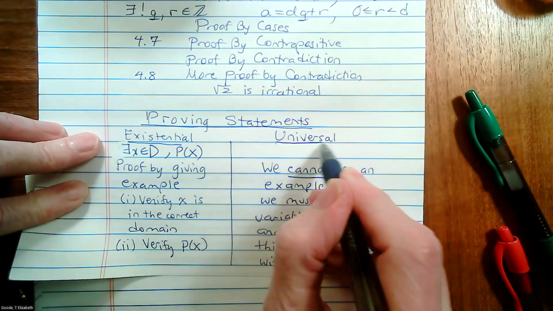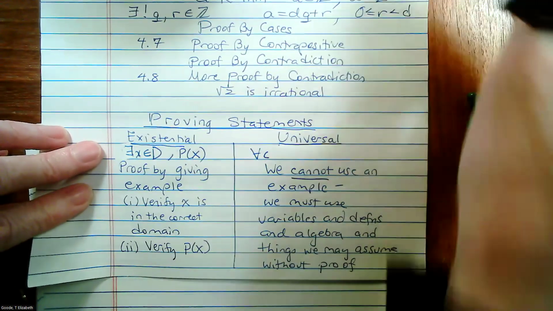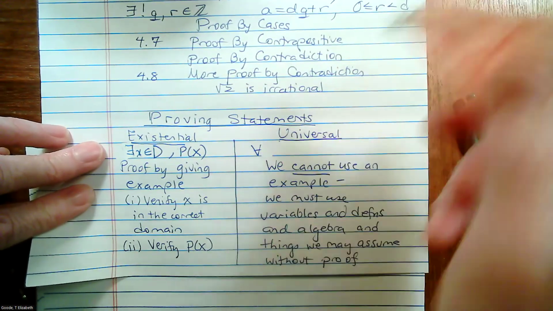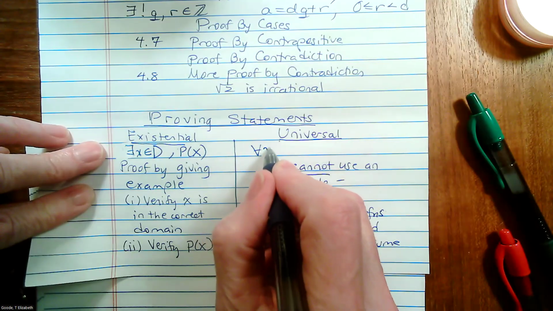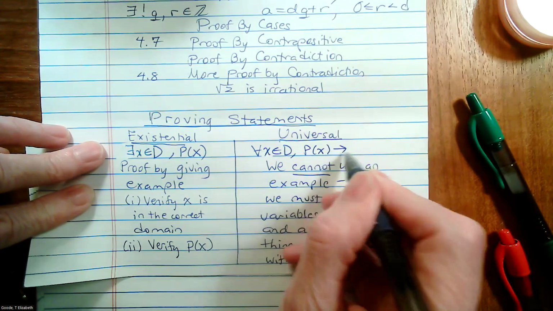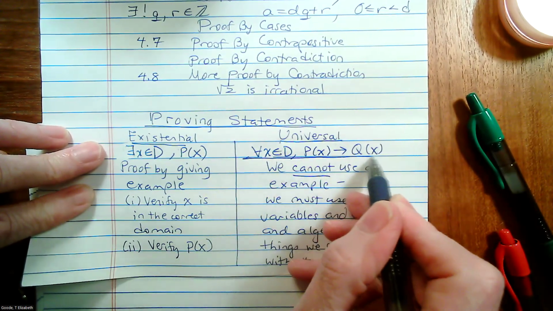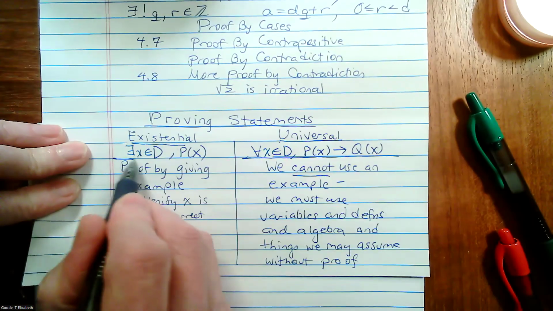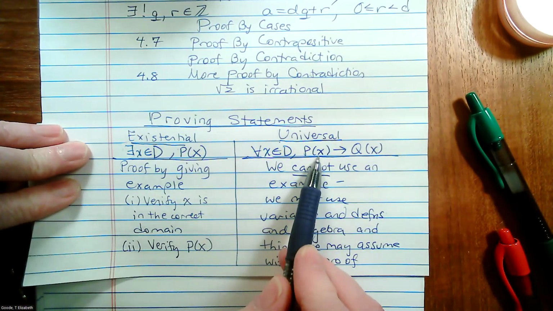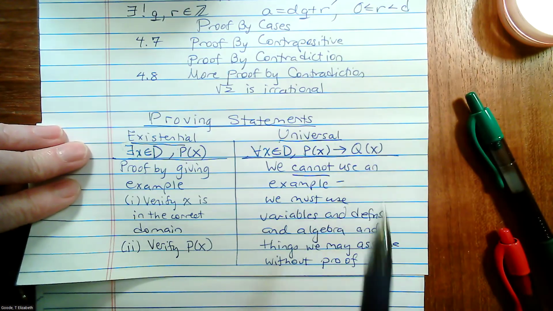We learned that in chapter 3. So for all X in D, if P of X, then Q of X. So one of the main things we learned how to do was that if we were given a universal statement, one of the first steps is to write it as an if-then, so we can get our eyes on the hypothesis and the conclusion that we wish to show. Okay.